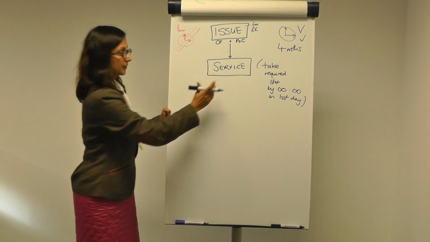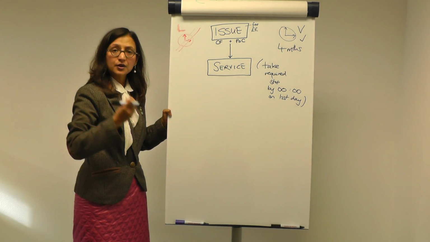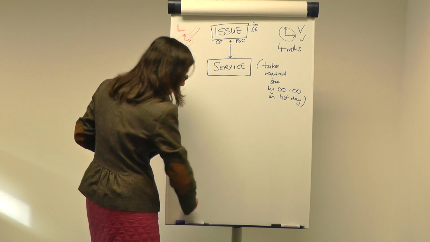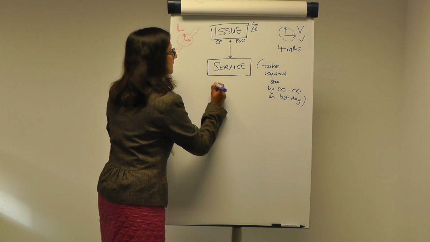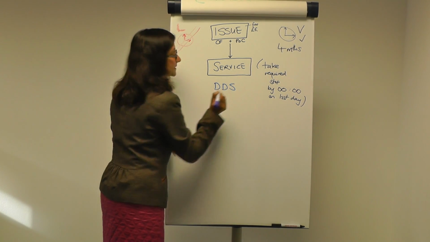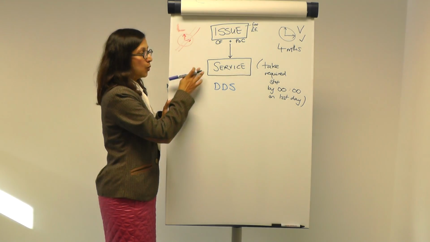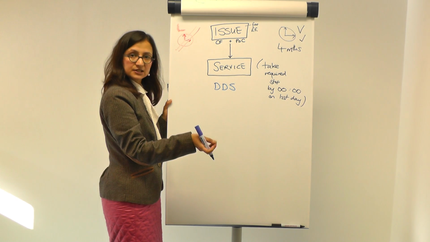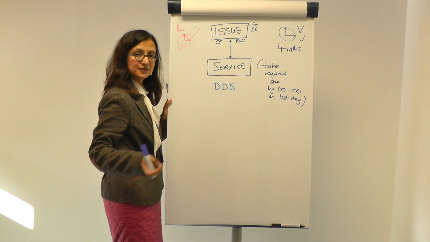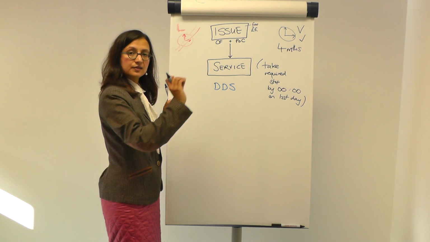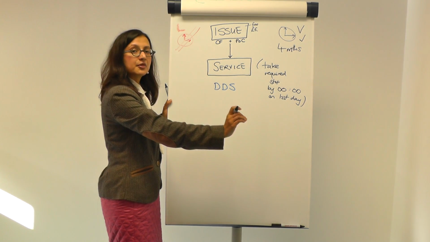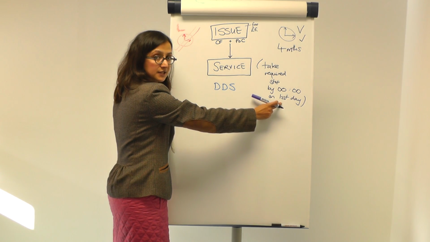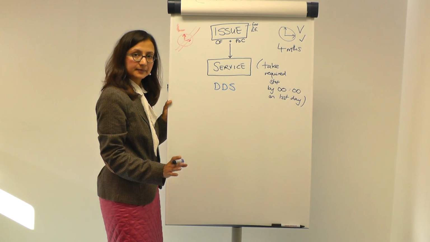And then service happens by one of the permissible methods. What we do need to remember, something that's very important, is the deemed date of service. So once the claim form is put in the post box, because putting it in the post box is the required step to effect service, once the claimant has put the claim form in the post box, as long as they've done it before midnight on the last day of the validity, that's absolutely fine.